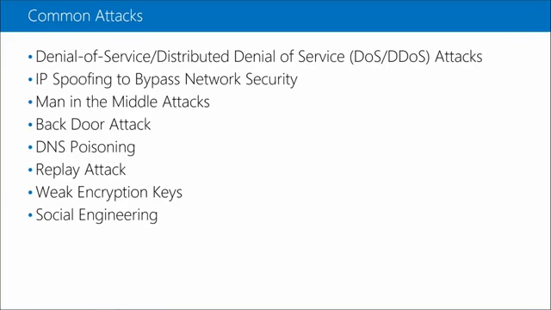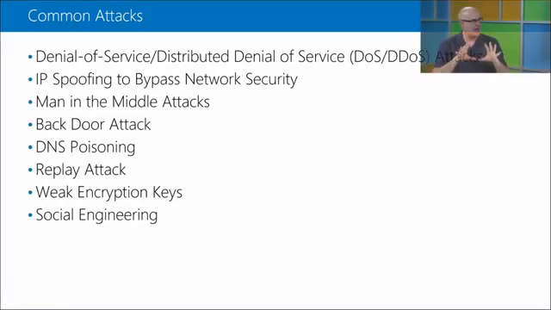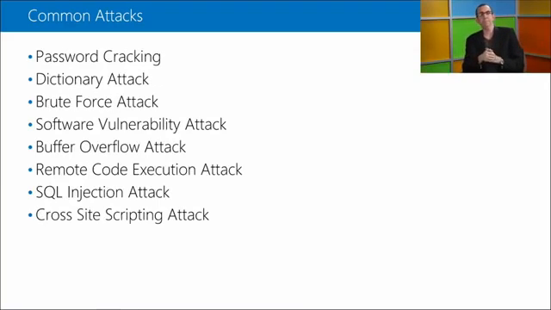DNS poisoning, so getting bad DNS information out there and causing inappropriate redirection. Replay attacks, so after a certain set of data has been sent, basically resending it multiple times. Weak encryption keys, so breaking encryption, or social engineering, which we talked about earlier. That one should be at the top, still my favorite.